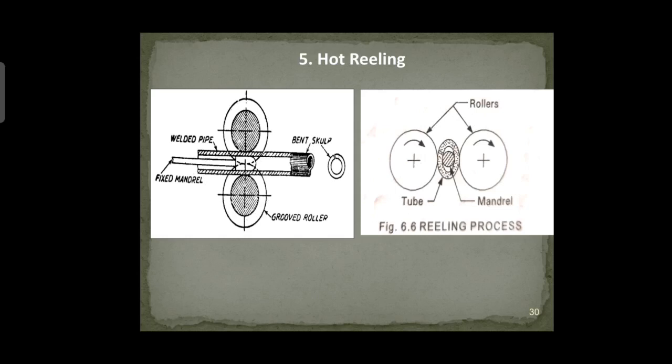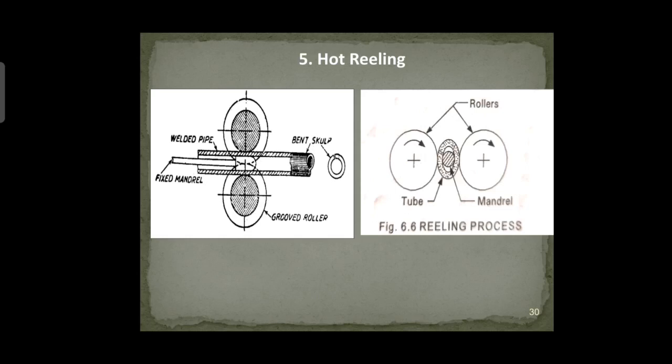During this, what happens is the diameter of the tube may slightly increase, and obviously the surface of the tube will get smooth.